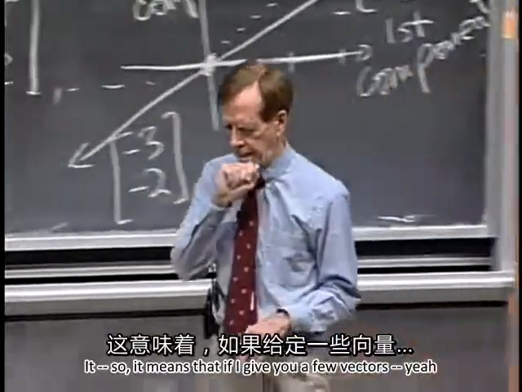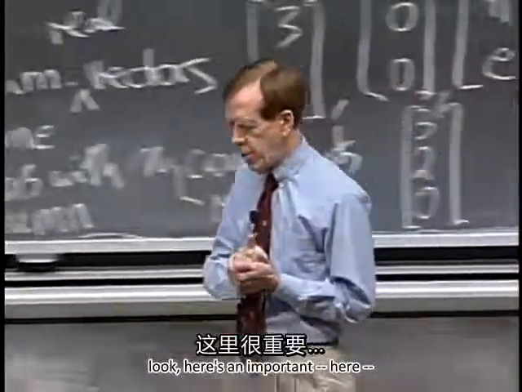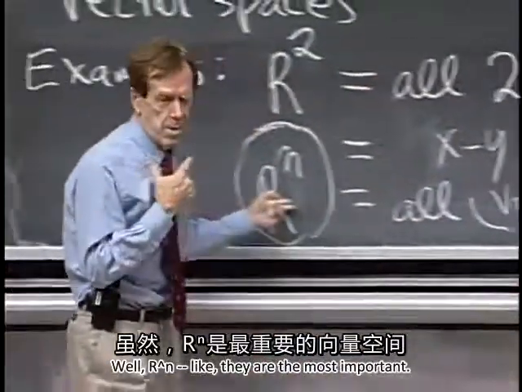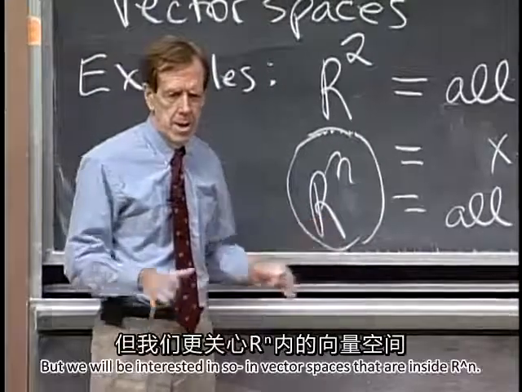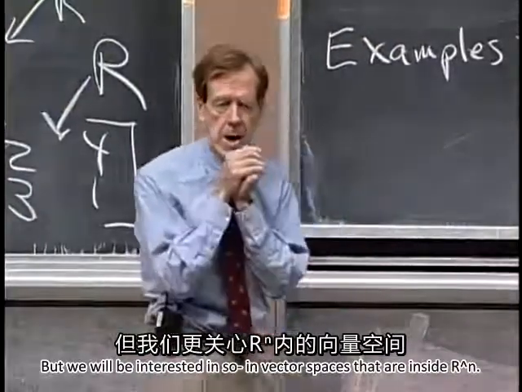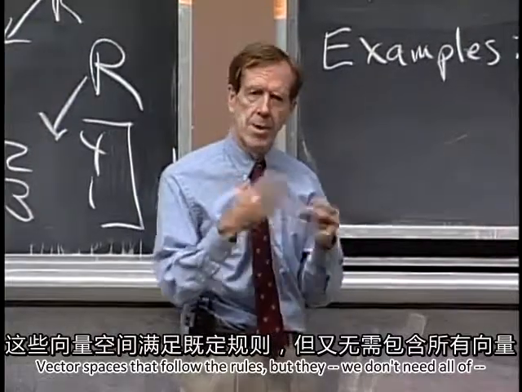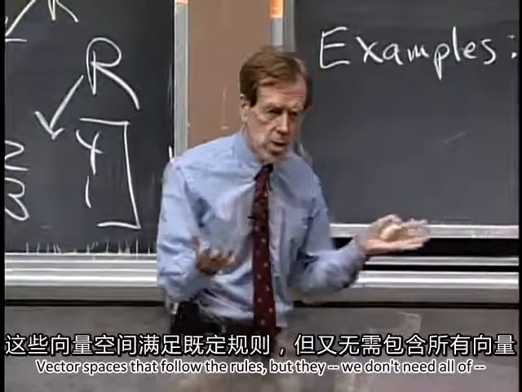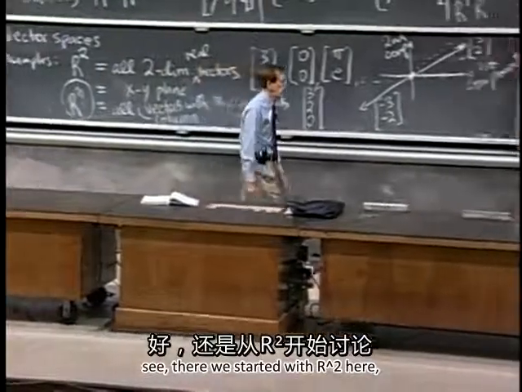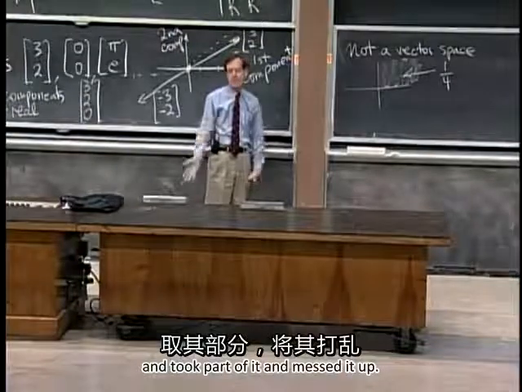So it means that if I give you a few vectors, here's an important point. Now we're getting to some really important vector spaces. Well, Rn, they are the most important. But we will be interested in vector spaces that are inside Rn. Vector spaces that follow the rules, but we don't need all of, see, there we started with R2 here and took part of it and messed it up.